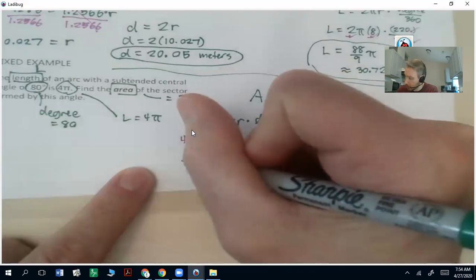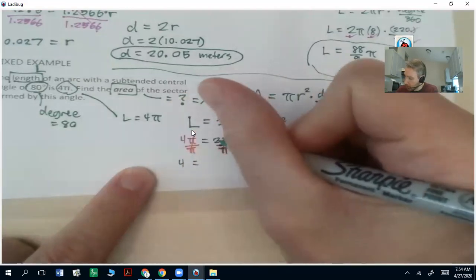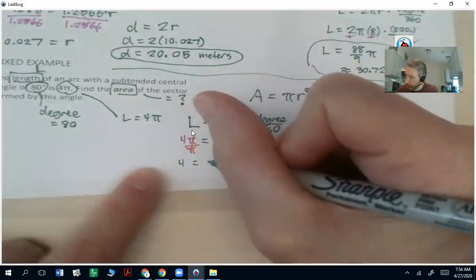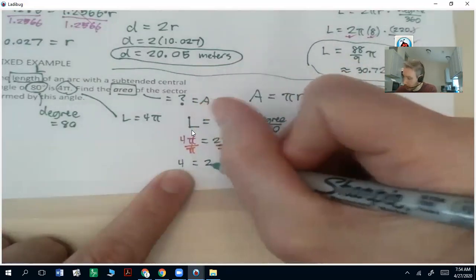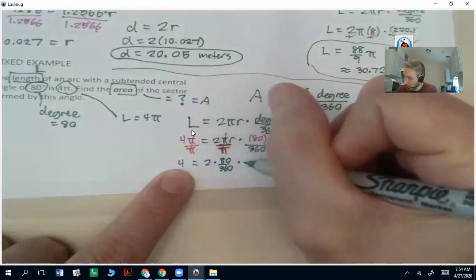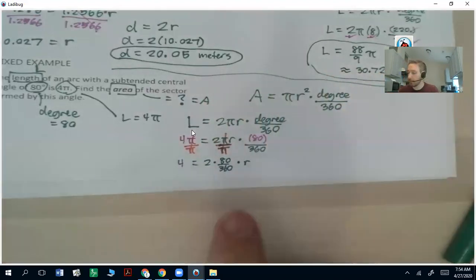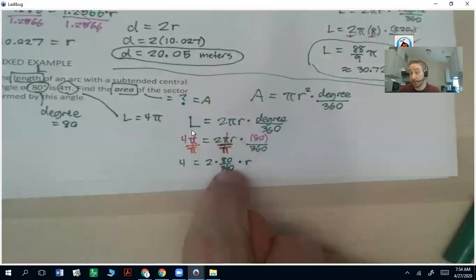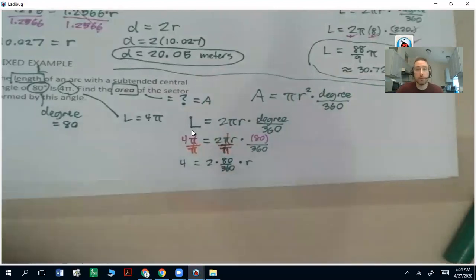That's just going to be 4 equals 2 times r times 80 over 360. Let's do this at least. Let's do 2 times 80 over 360. And let's leave the r alone. So we can do 2 times 80 divided by 360 and just get that one number.